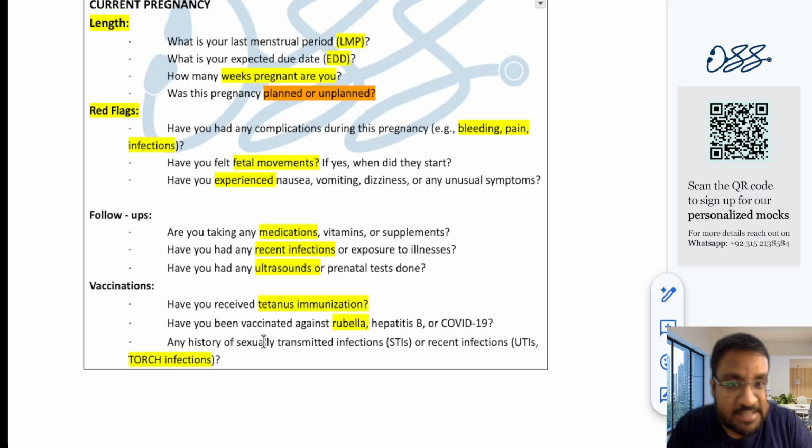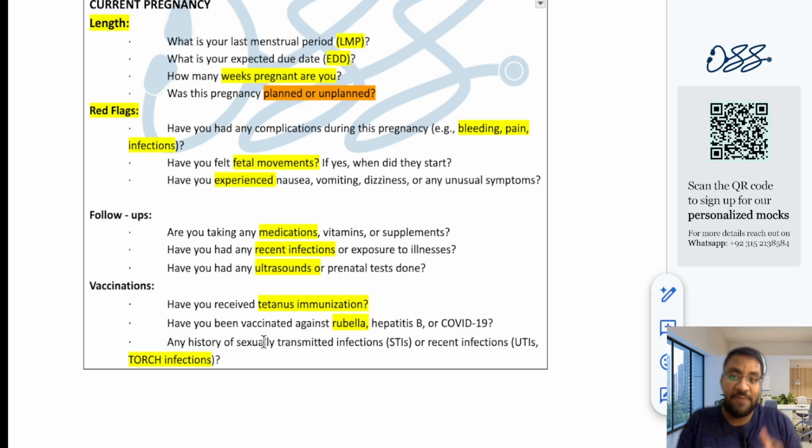So there is no rocket science behind it, but because of the exam pressure, there are twelve different questions that I've mentioned over here. You tend to forget a few of them, but as long as you are touching upon the categories, the aspects that I need to have in mind when I'm exploring the current pregnancy, like the duration of pregnancy, the red flags, the medical aspect, the follow up, the scans, and the infectious aspect to it, then automatically and naturally you would be able to come up with at least two to three different questions from each category, and that would be sufficient for your data gathering.